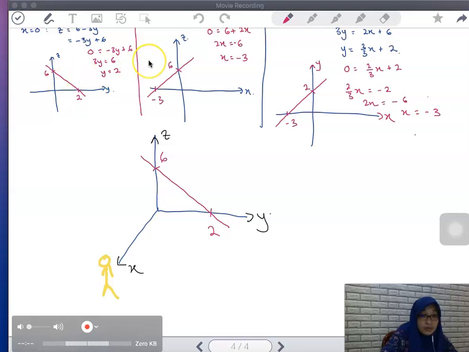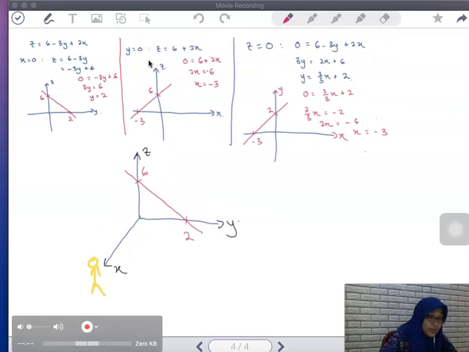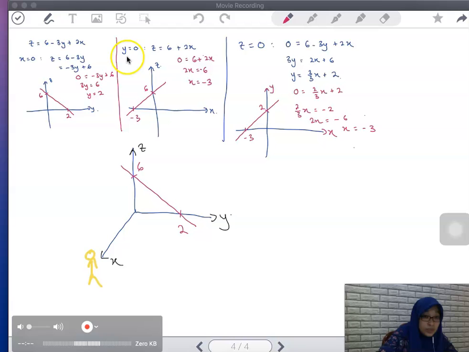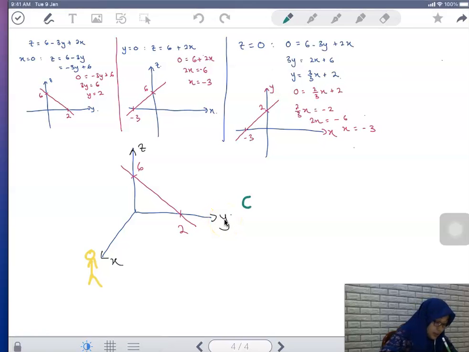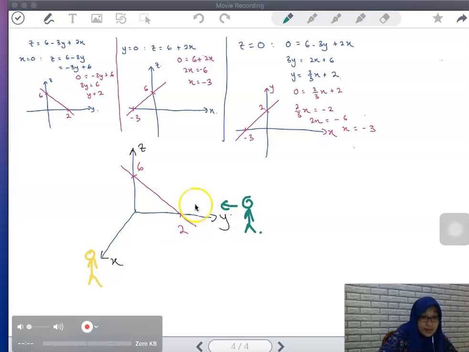Now we move to the second trace where y equal to 0. Y equal to 0 means you are standing along the y-axis. So you are here, and you look over there, and you can see the line on zx.